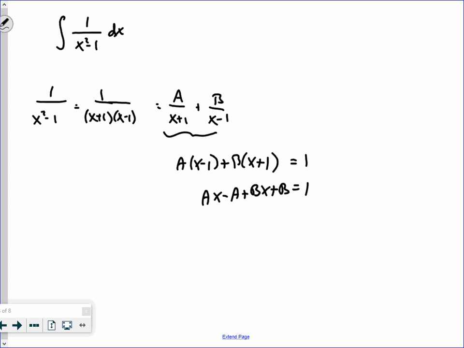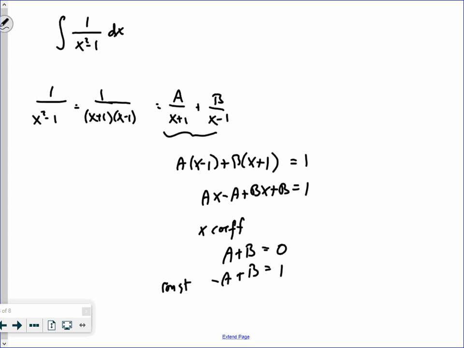Now you bust it up, because the left-hand side has some x's and the right-hand side doesn't. So the x coefficients on the left have to equal the x coefficient on the right, and there isn't one. And your constant on the left, it's minus a plus b, should equal the constant on the right.